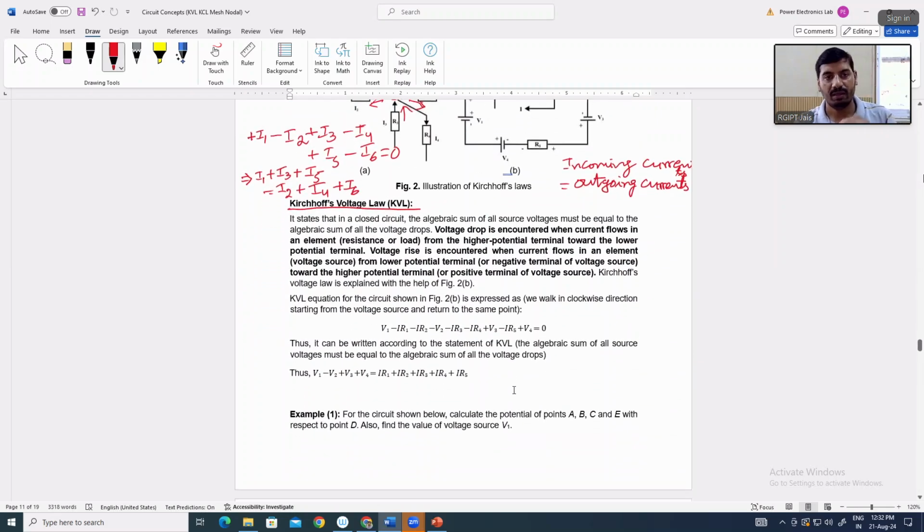Next is KVL, Kirchhoff's voltage law. It states that the algebraic sum of all voltage sources must be equal to the algebraic sum of all voltage drops. Voltage drop will be across any element.